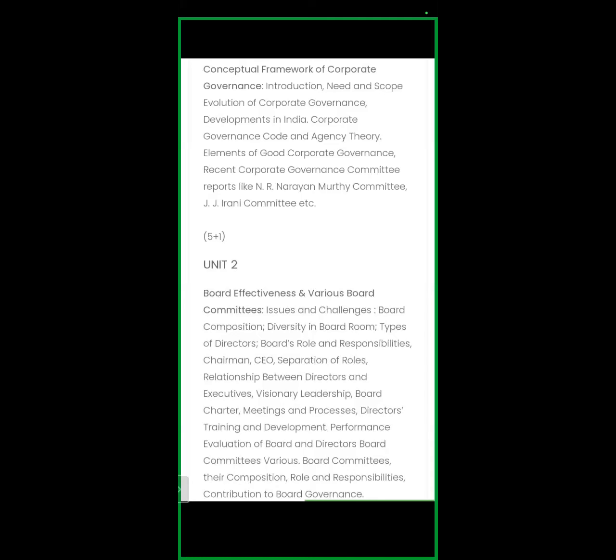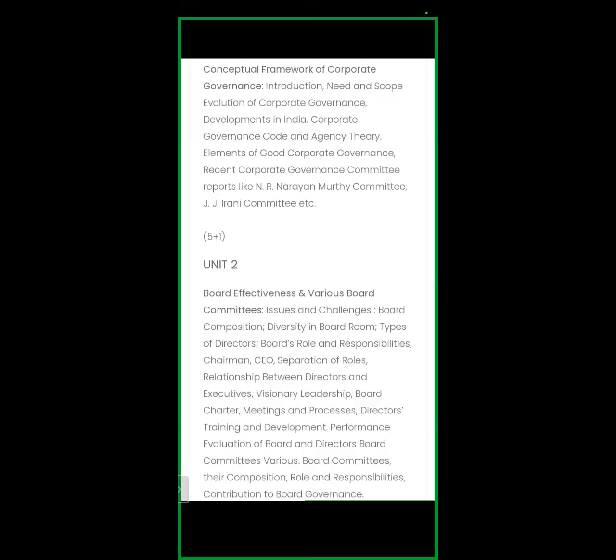One very important thing we have to keep in mind here is that all these committees which we will be discussing, maybe the Kumar Mangalam Birla report or J.J. Irani report or N.R. Narayan Murthy report or two, three more reports that we will be discussing in the first session, have one thing in common: all these committees are headed by either the industrialists who are the owners of reputed industries or the people who headed these industries, that means the managing directors or chairmen or the CEO.